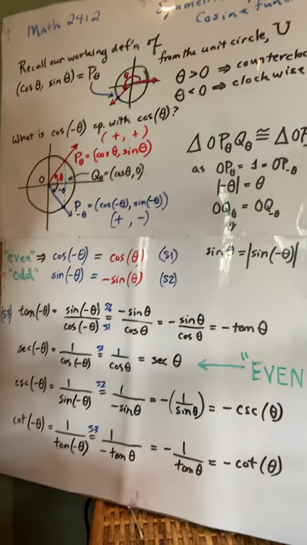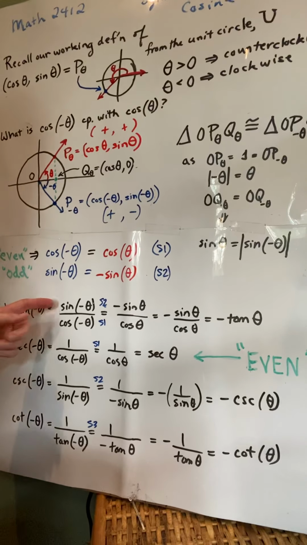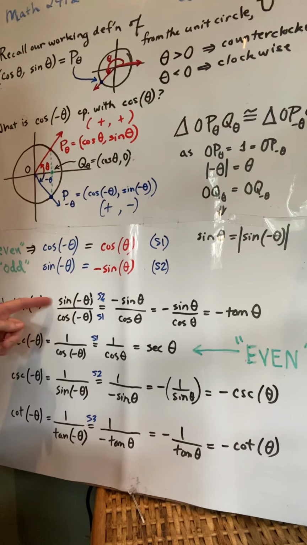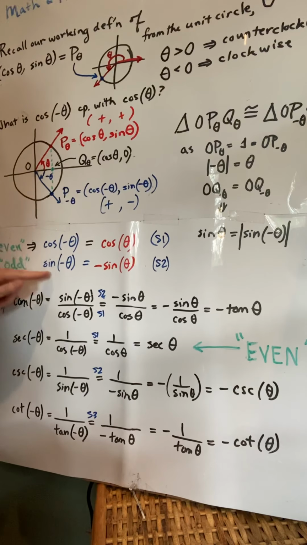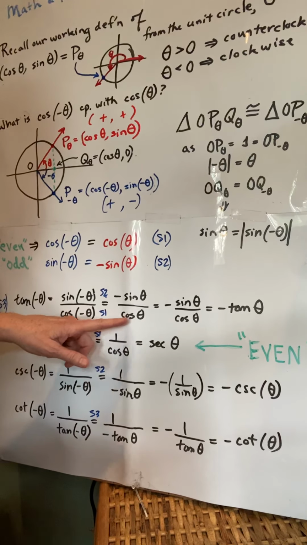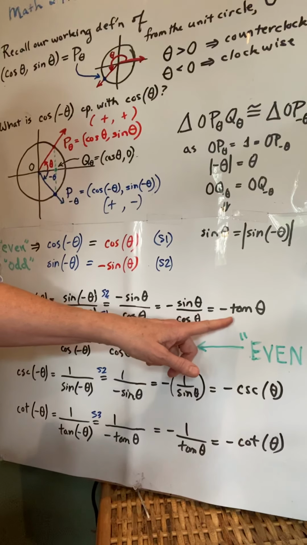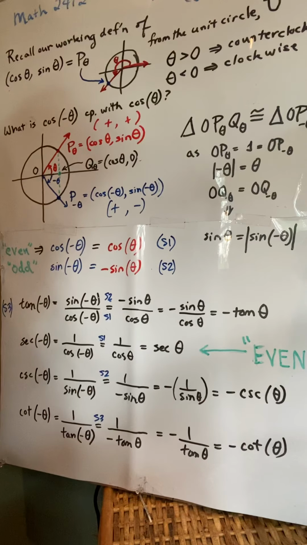Not the book's, but the one that we've been talking about in these videos. Then you can see clearly this negative can come out front here using symmetry 2. Symmetry 1 has no negative sign coming out front. That one negative sign persists, so therefore the tangent of the opposite of an angle is equal to the opposite of the tangent of theta.